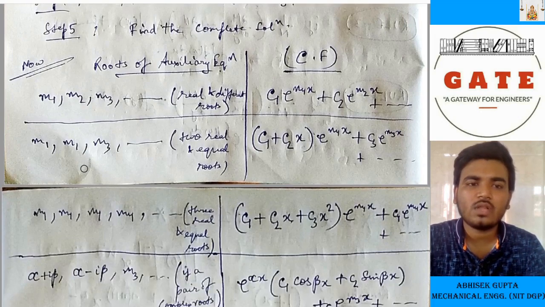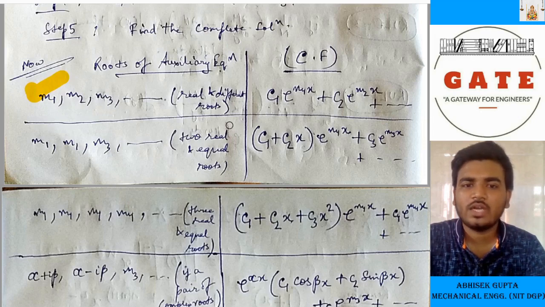Now, these are the cases of roots of the auxiliary equation and the CF for each. First, m1, m2, m3 real and different roots: the complementary function will be c1 e power m1x plus c2 e power m2x plus and so on.